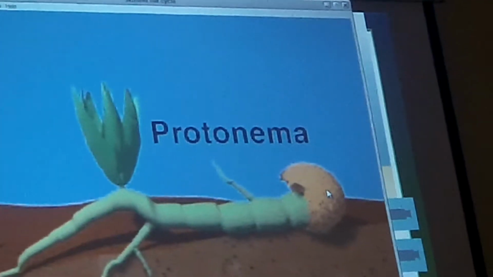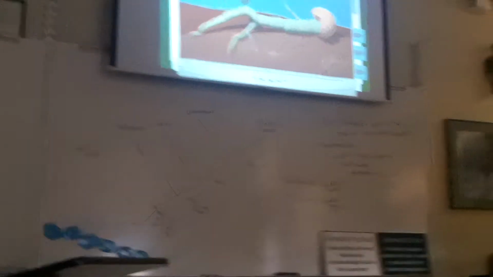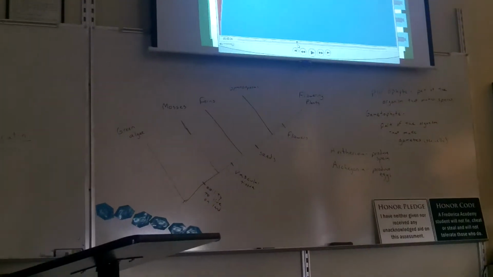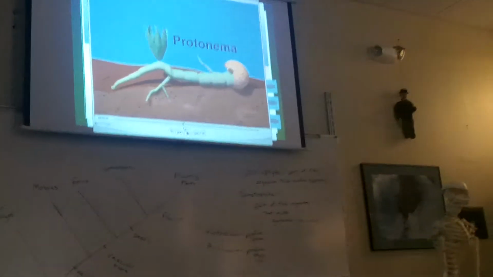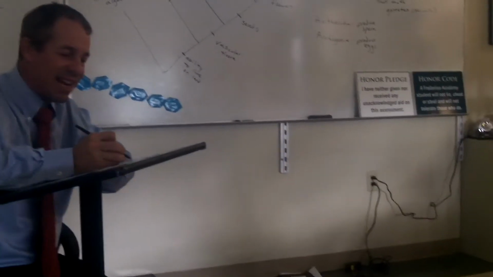If you watch, the spore lands and grows a horizontal branch, and it's got something coming up vertically out of it. What do we call that thing that's coming up vertically? Uh-oh, there's two blues. Somebody's got to get another color.